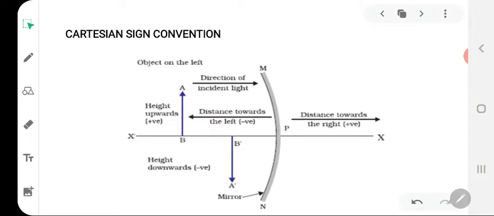So actually the convention of positive and negative values that we usually adopt while plotting a value on a graph paper, it is Cartesian sign convention, and exactly the same rule is going to be applied in case of spherical mirrors. So there is just a slight modification regarding the terminology, otherwise the basic rule is going to be just the same. Now let me just tell you how it is similar.